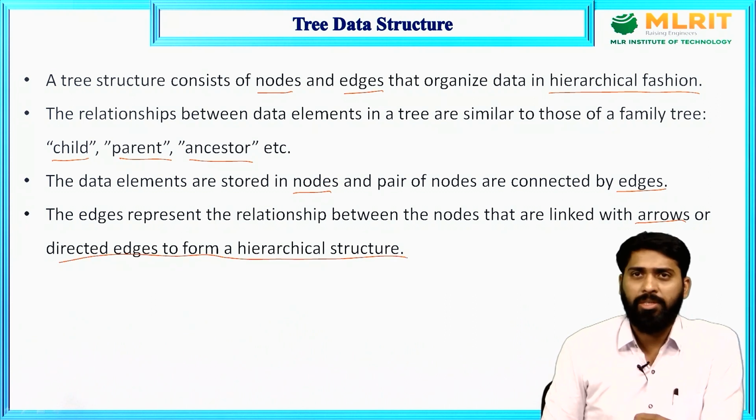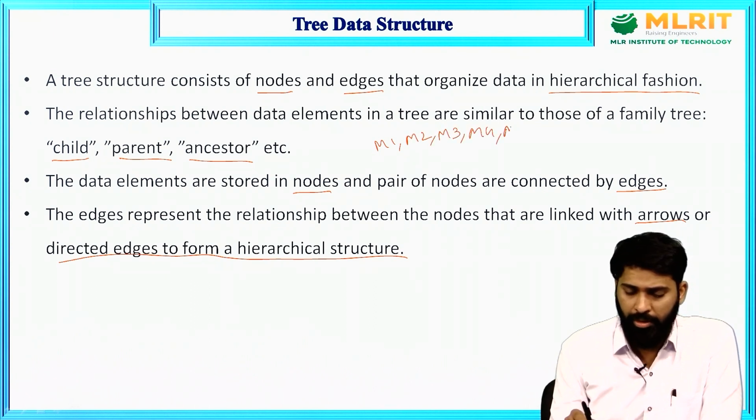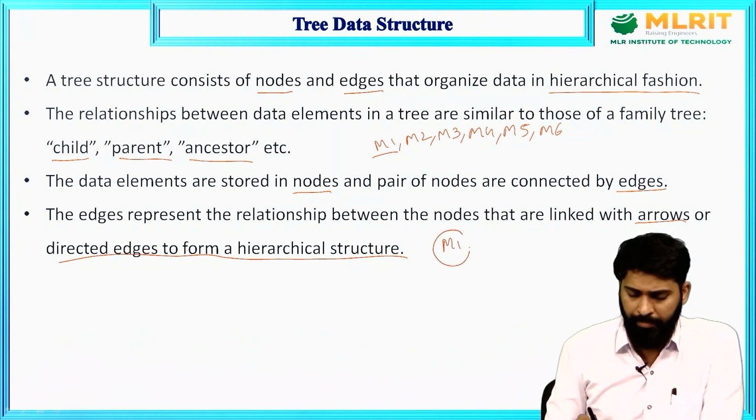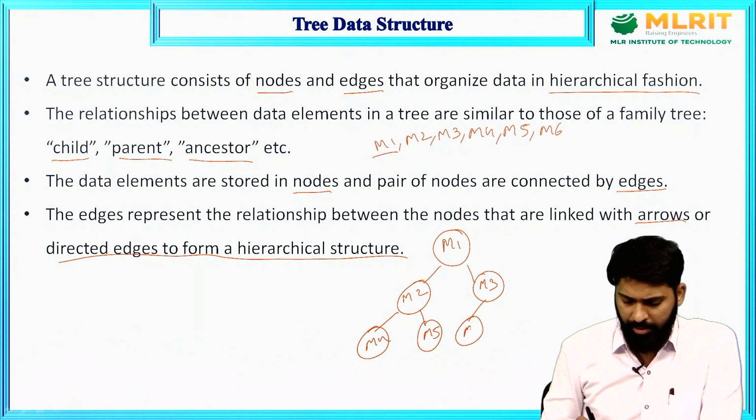The edges represent the relationship between the nodes that are linked with arrows or directed edges to form a hierarchical structure. So, let us assume these are the data elements M1, M2, M3, M4, M5, M6. So, how do we organize? So, M1, now this is M2, M3, M4, M5, this is M6.